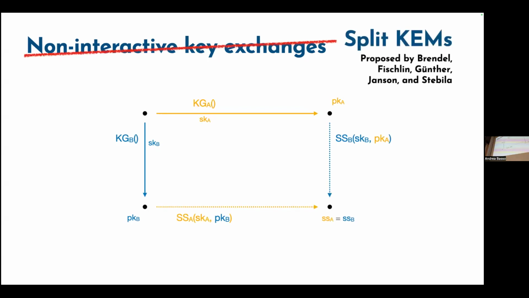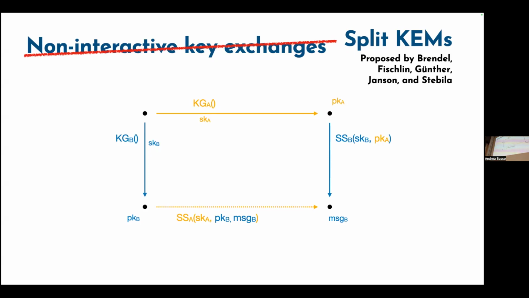Yeah, I mean, the main idea is that now your SSB spits out a message B and a shared secret, and then you have the shared secret algorithm that takes into consideration the message and spits out a shared secret. I don't think there is a good pictorial representation of this split KEM. But it kind of works because it translates to our setting.